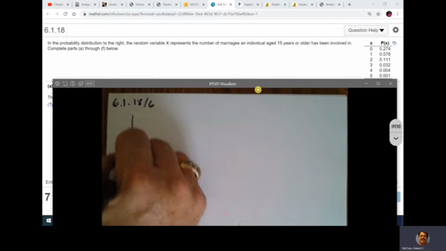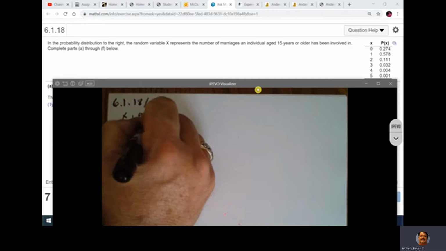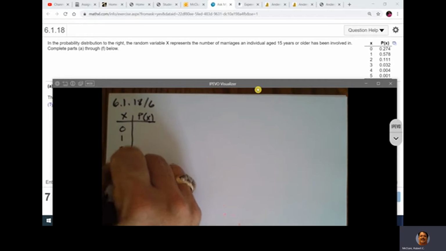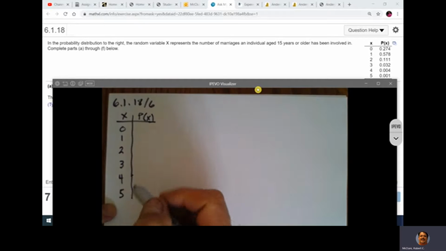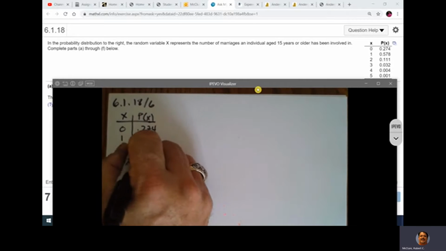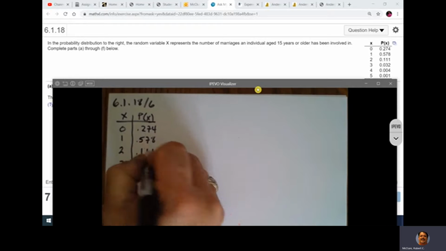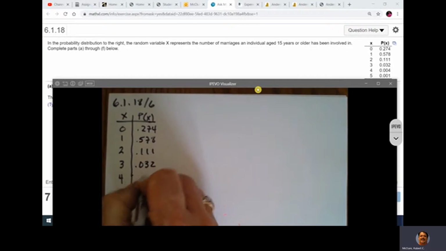So I've got a probability distribution, and I've got the events 0, 1, 2, 3, 4, 5, with probabilities 0.274, 0.578, 0.111, 0.032, 0.004, and 0.001.